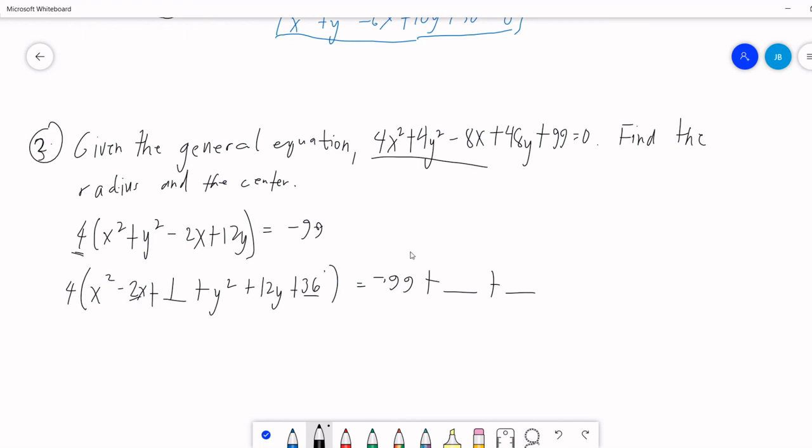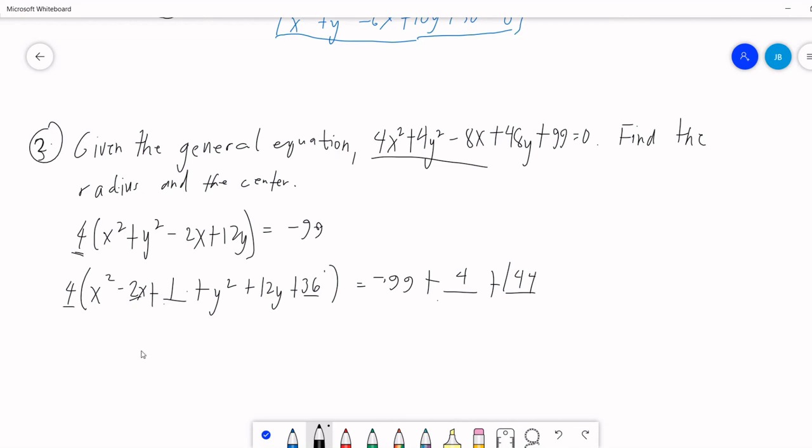Whatever you add here, you also add on the right side. But there is a 4 here that you must multiply. Therefore, it's not 1 and 36 that you add on the right side. It becomes 4 and 36 times 4, that's 144. Okay?